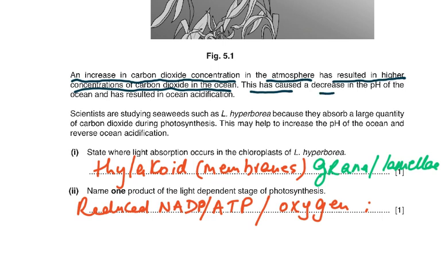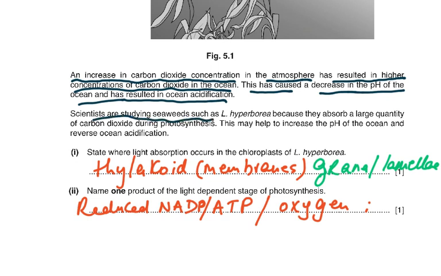This has caused a decrease in the pH of the ocean. So more carbon dioxide means more carbonic acid. As there is more in the air, there is more in the ocean, so this is called a decrease in the pH of the ocean, because more acid means a decrease in the pH, and it has resulted in ocean acidification.